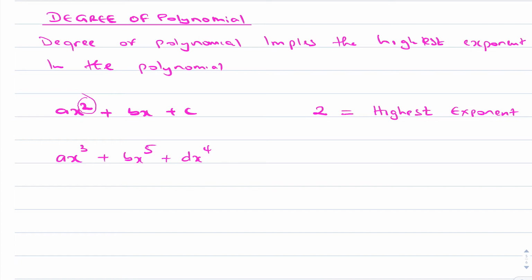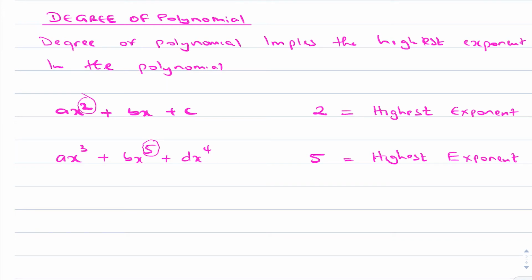The degree of polynomial is 5, because 5 is the highest exponent or power. So the highest exponent is 5, and that's the degree of polynomial.